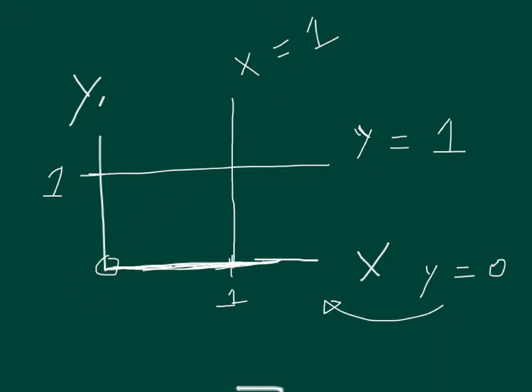Now, if you want to visualize this even more, think about what happens as we increment our values for x or our values for y. So for the equation x is equal to y, let's assume x is positive 1, which is located here. x is equal to y says that x must equal y. So if x is positive 1, so must y, and so we have a point here.